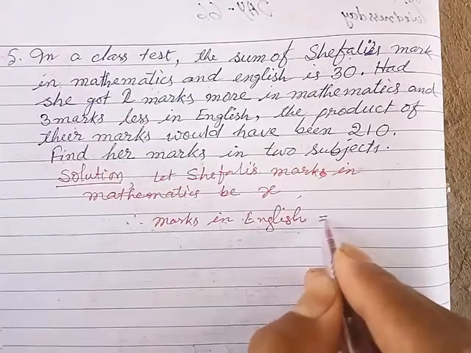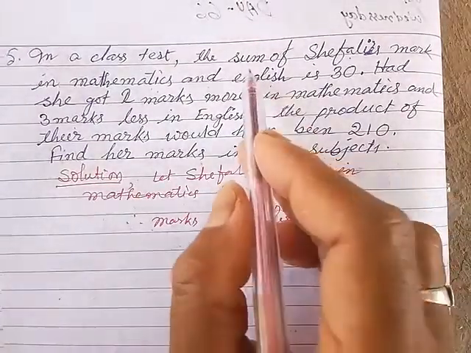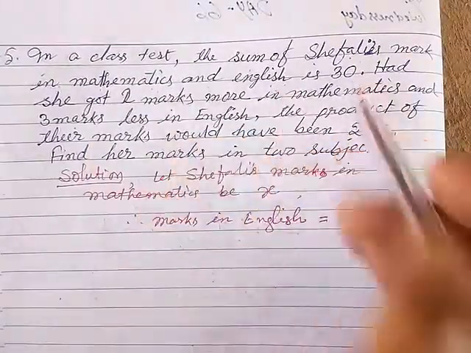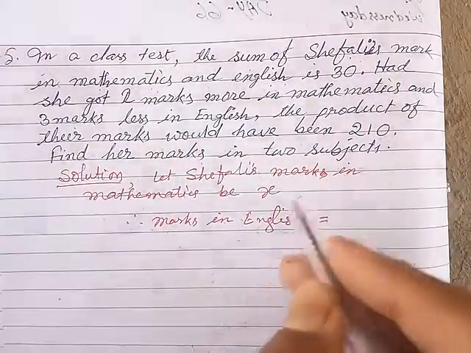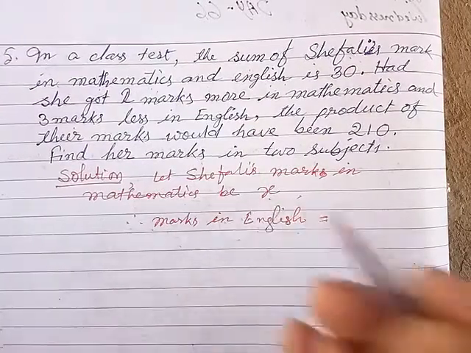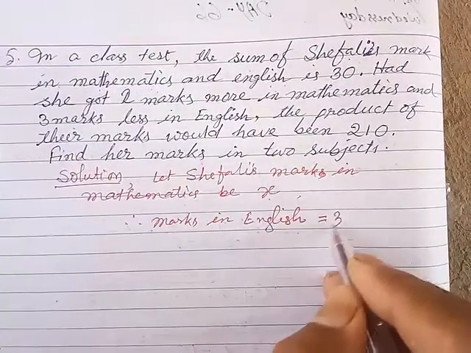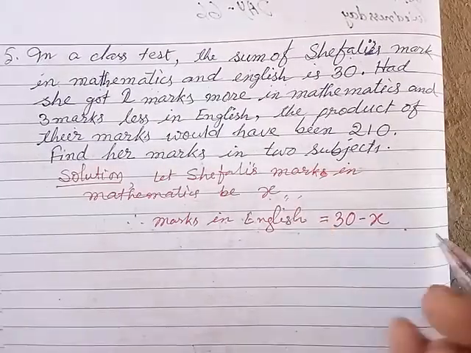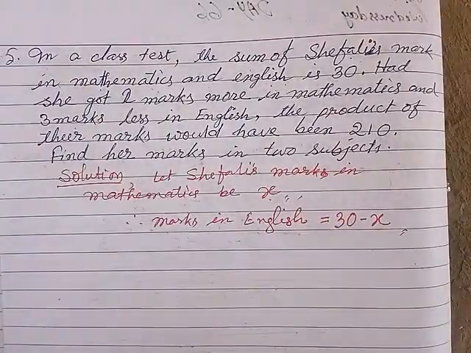Since the sum of Shefali's marks in mathematics and English is 30, if the mathematics mark is X, then English marks will be 30 minus X. So this is mathematics marks, this is English marks, we assume.